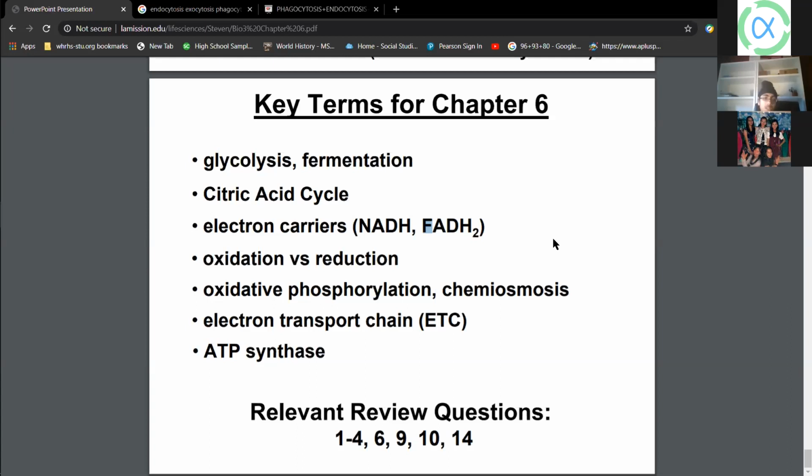And the final one, ATP synthase. I feel like that's pretty self-explanatory. It just creates the ATP using the hydrogen gradient.